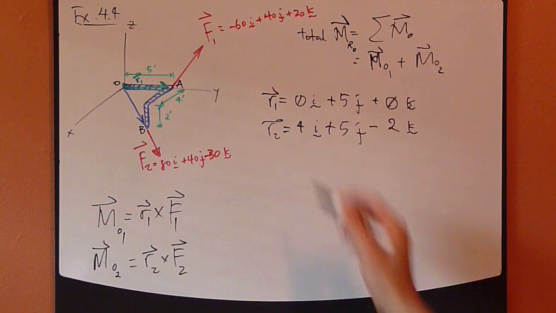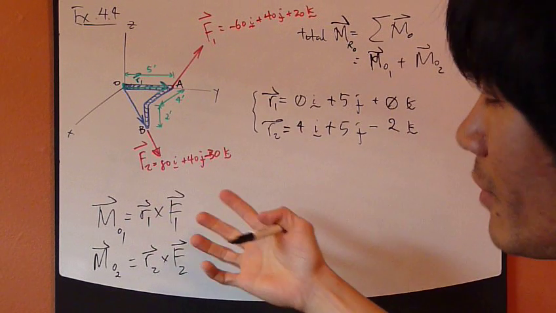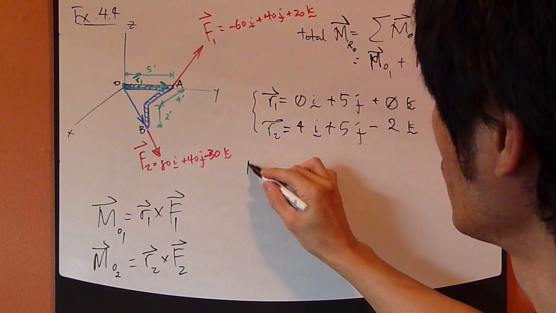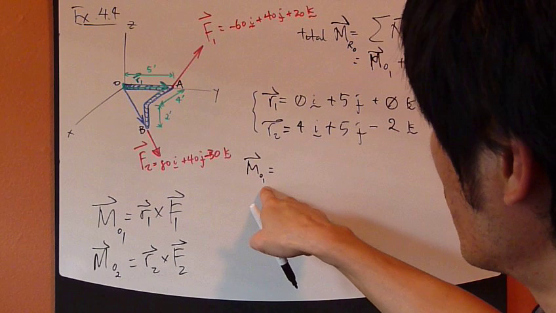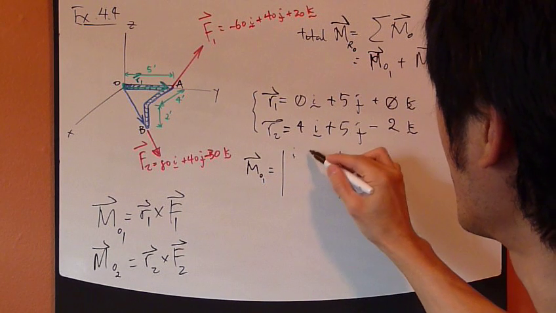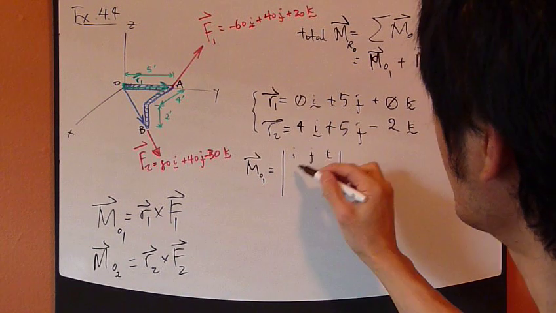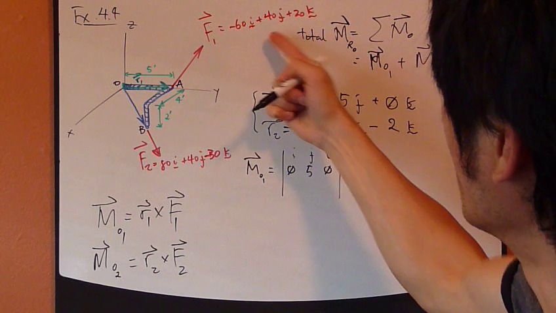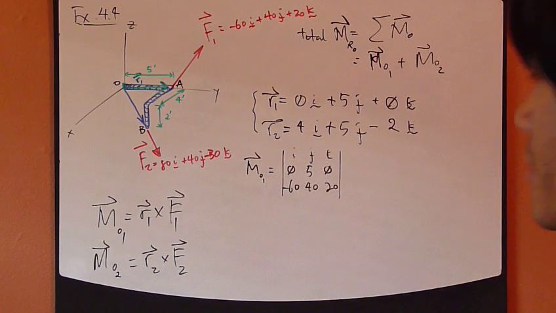Okay. So knowing these two, knowing the force vectors, you can just carry out the cross product. You can do one at a time. So MO1, the moment about O for the first force, equals this right here. I, J, K, and then R1, which is 0, 5, 0. And then F1, which is negative 60, positive 40, positive 20.